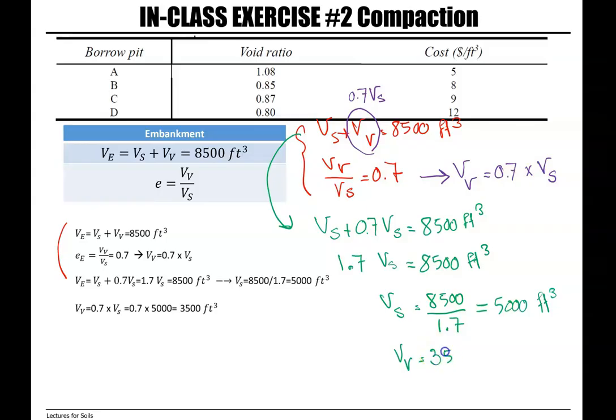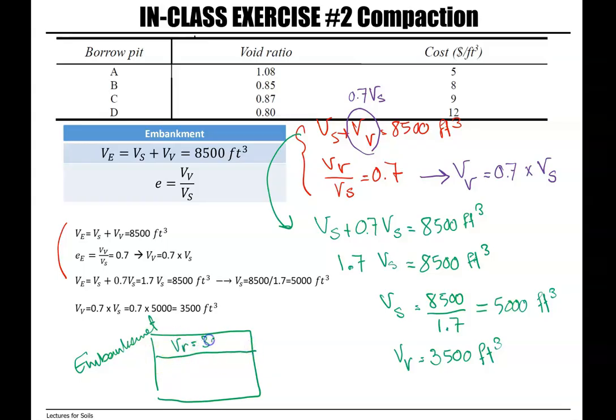And you will get 3,500 cubic feet. So for our embankment, volume of void is 3,500 cubic feet. Volume of solids is 5,000 cubic feet.